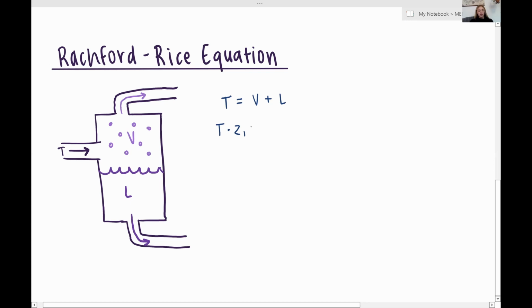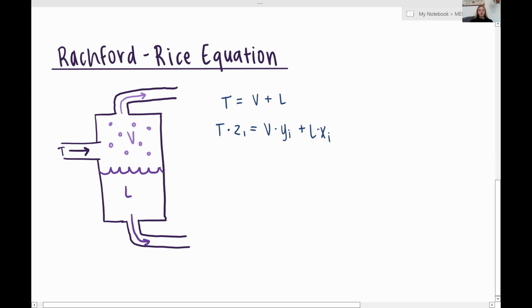So then we can do the same thing for our vapor and liquid phases. So we'll have vapor times our vapor fraction component plus liquid times our xi, which is in our liquid phase.